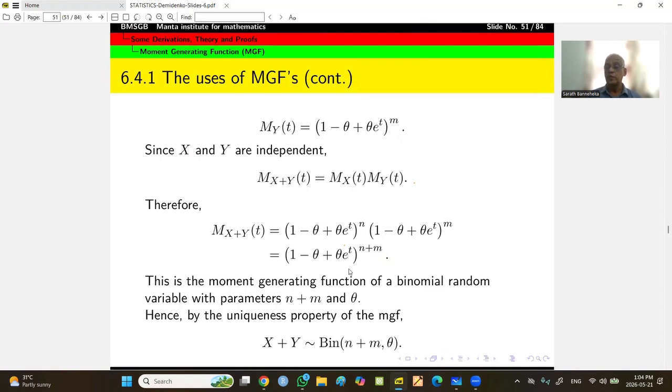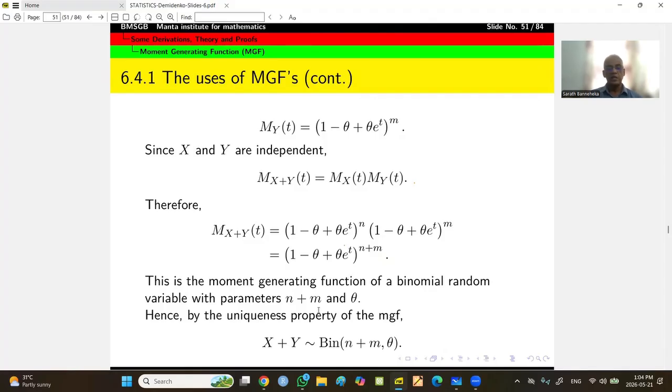So by the uniqueness of the moment generating function, we know that for a given moment generating function, there is only one corresponding distribution. That distribution must then be a binomial distribution with number of trials equal to n + m and probability of success equal to θ.